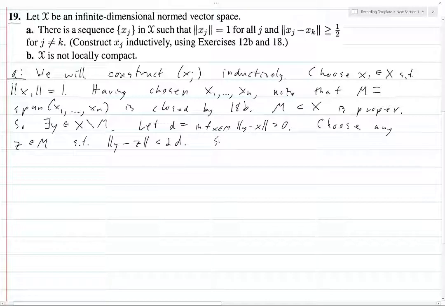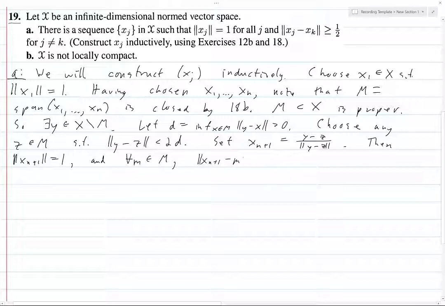So then we set xn plus 1 to be y minus z, normalized. And so then clearly the norm of xn plus 1 equals 1. And for every, let's say, lowercase m in M, we have the norm of xn plus 1 minus m.